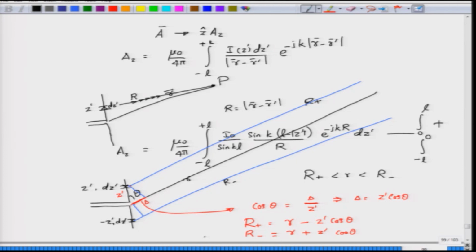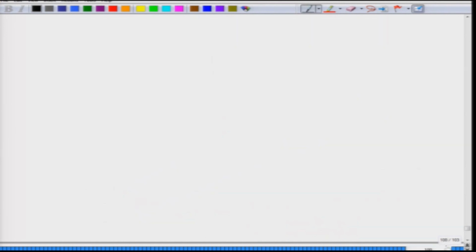In the first integral I will have only the distances r plus involved, and in the second integral I will have the distances r minus involved, but both essentially look kind of symmetric, and I can convert the integral from minus L to 0 into one from 0 to L, and then rewrite the expression for finding Az. I will split the integrals. Of course, I0 by sin kL is constant, so I can pull this out. So, I have sin kL here, and then this integral is from 0 to L dz prime.